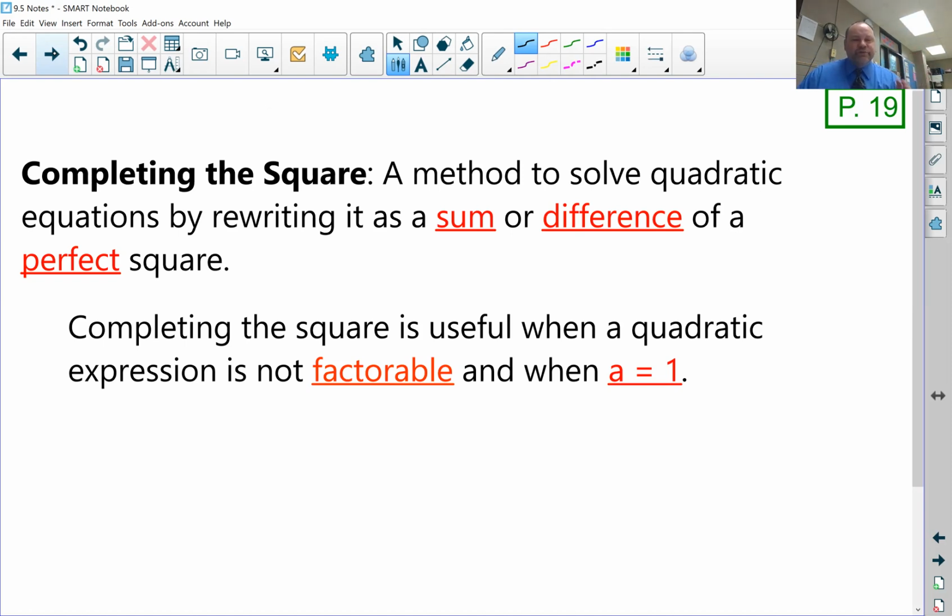So in order to use completing the square, we need to get that number in front of the x squared to be 1. And for the examples that we do, it will already be 1, just to make it a little bit easier. You may see more advanced quadratics where a is not 1 later in your studies.